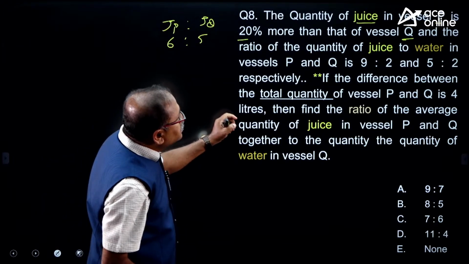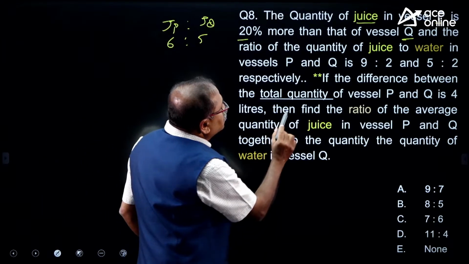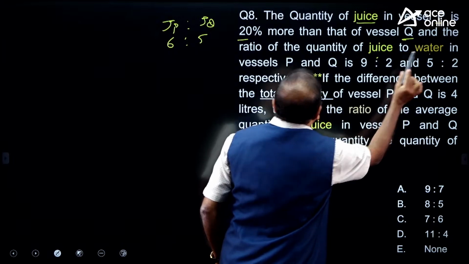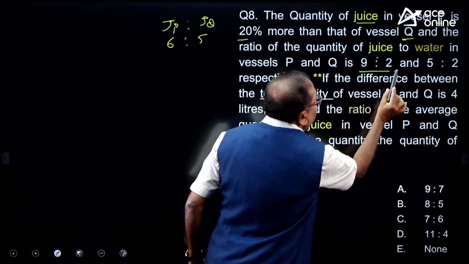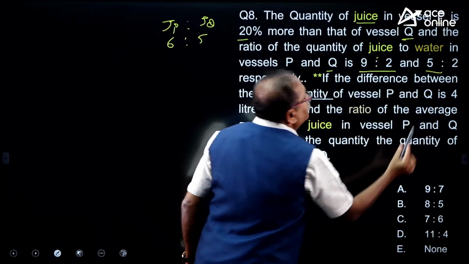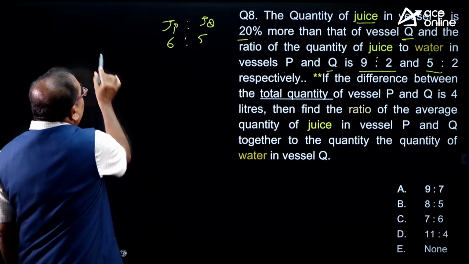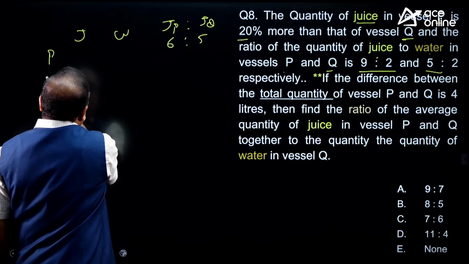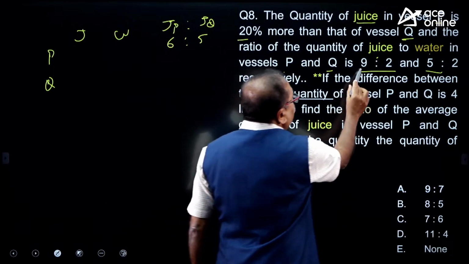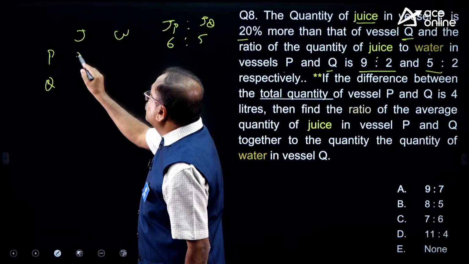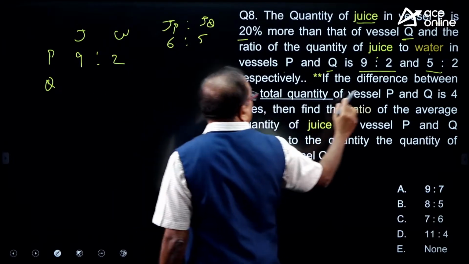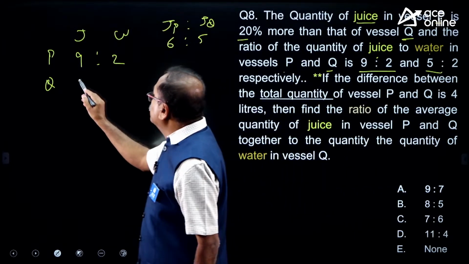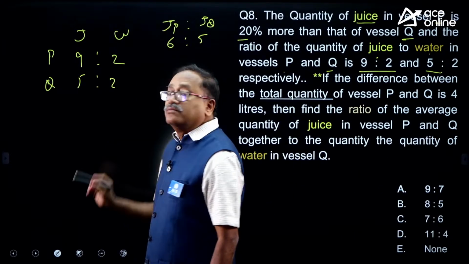Next it says the ratio of the quantity of juice to water in P and in Q is given to us. In P 9:2, and in Q 5:2.